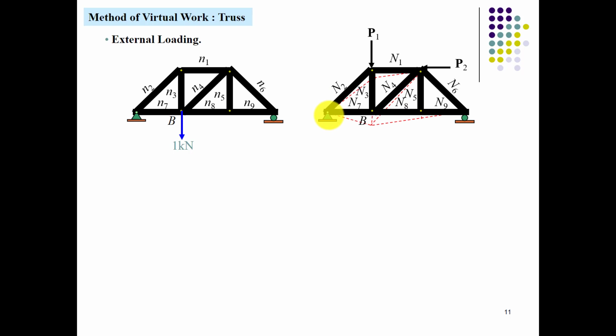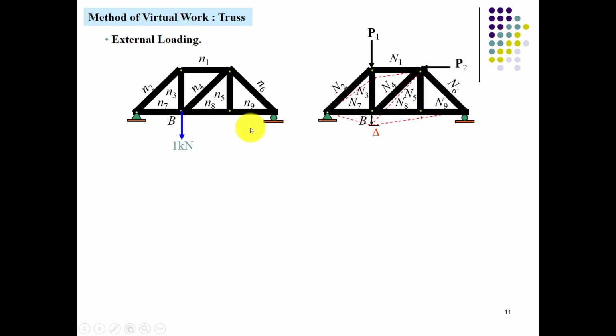How can the virtual work calculate the amount of deflection delta at point B? Here comes the catch. If you want to calculate the deflection at any joint, you apply the virtual load at that particular node. For example, I was interested in calculating the deflection at this node B, so I have applied the virtual load of 1 kilonewton at that point.